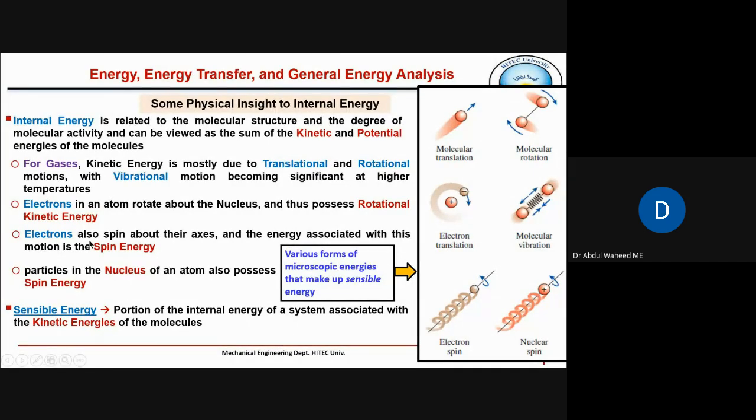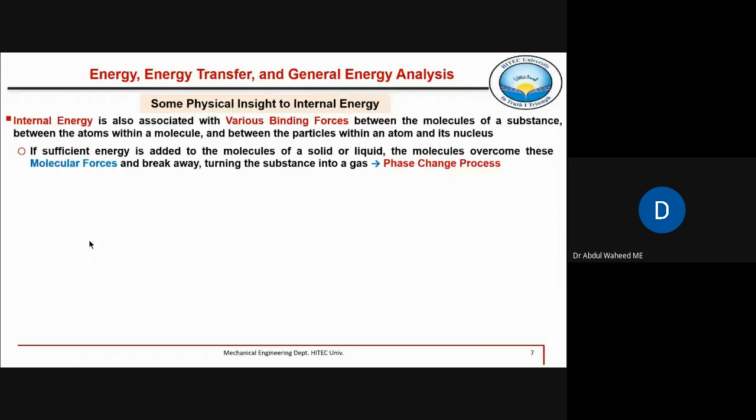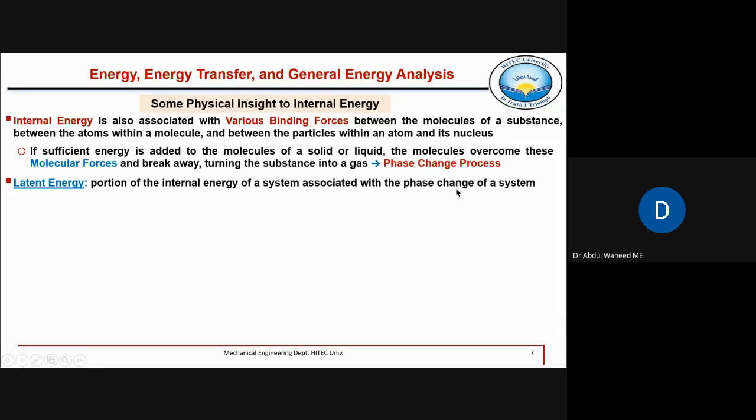So internal energy has further types, and the first one is sensible. And if you further supply energy, we know at a certain temperature its phase also changes. So why does the phase change? Because the binding forces between molecules become weak. So that portion of internal energy which is responsible for the phase change, for example, solid changes to liquid or liquid changes to gas, is known as latent energy.